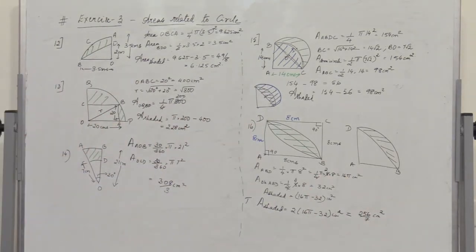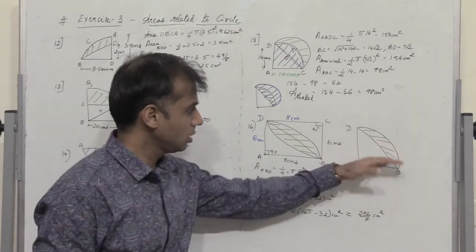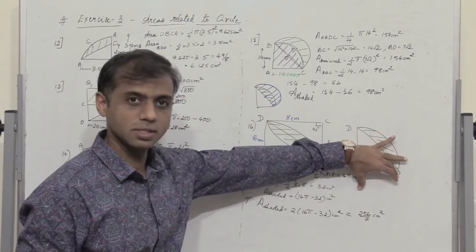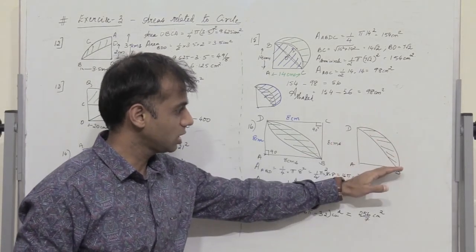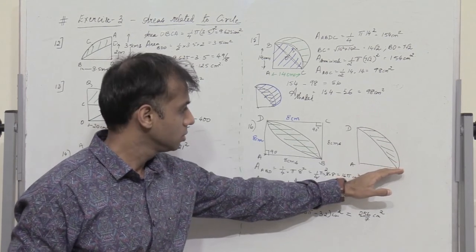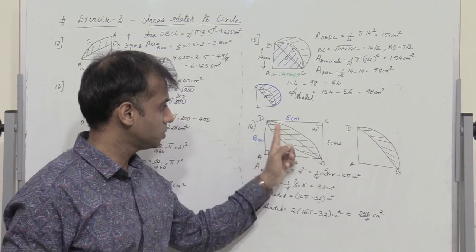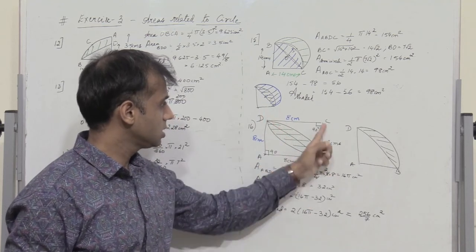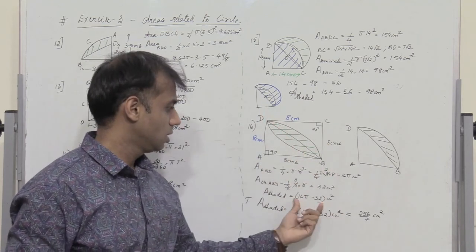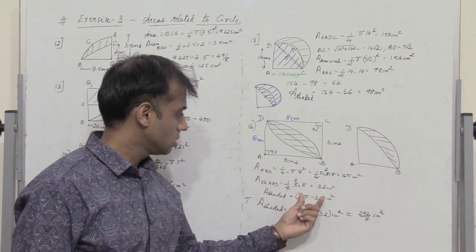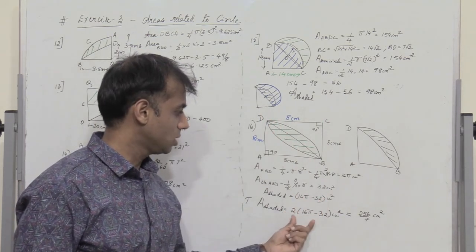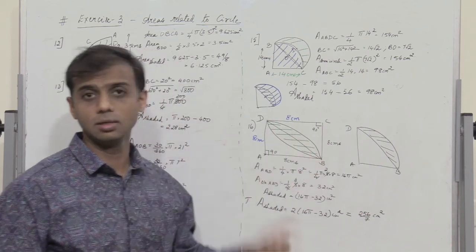So it's a very simple problem here. We consider one at a time. We consider a quarter of a circle and from that subtract the area of the triangle. And if I consider the other quarter of the circle and subtract the triangle BCD, we get the same area here. So just multiply this area by 2, and we get the area of the shaded region.